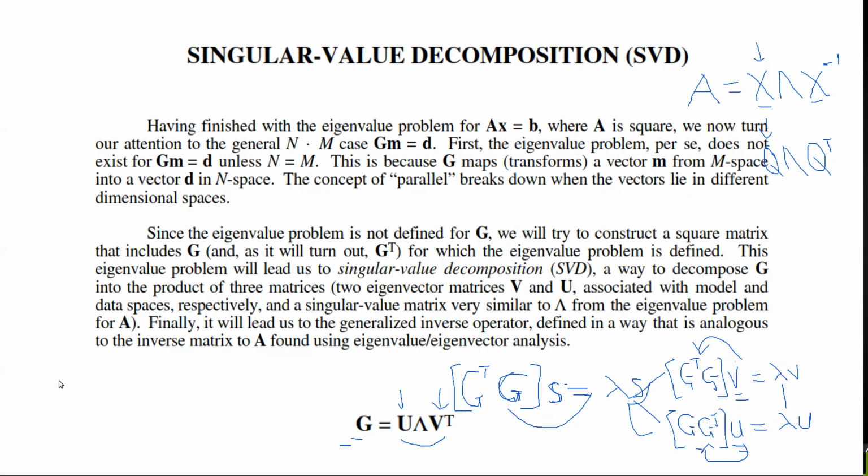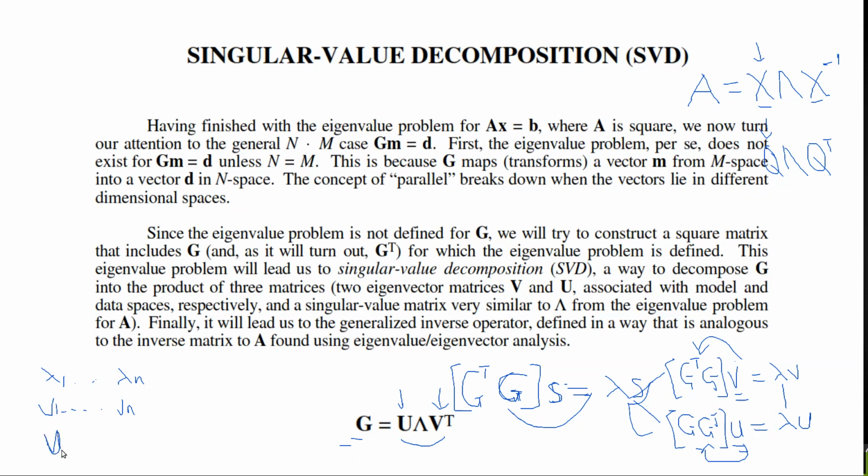So now we have a set of vectors and eigenvalues. If we have eigenvalues 1 to n, then we'll have v1 to vn. Wait, sorry, the sizes are not the same, so I have to be careful here.